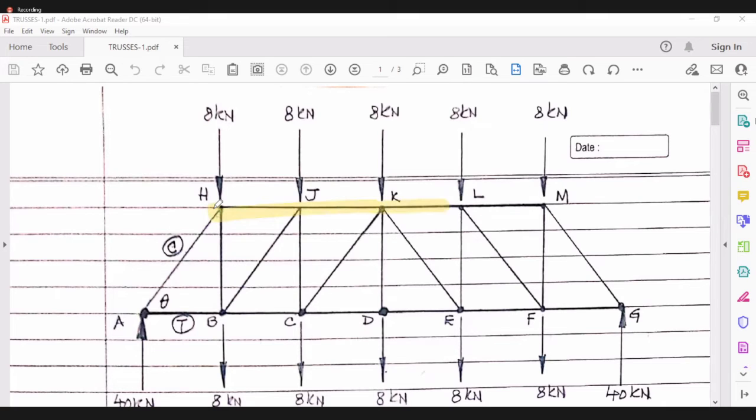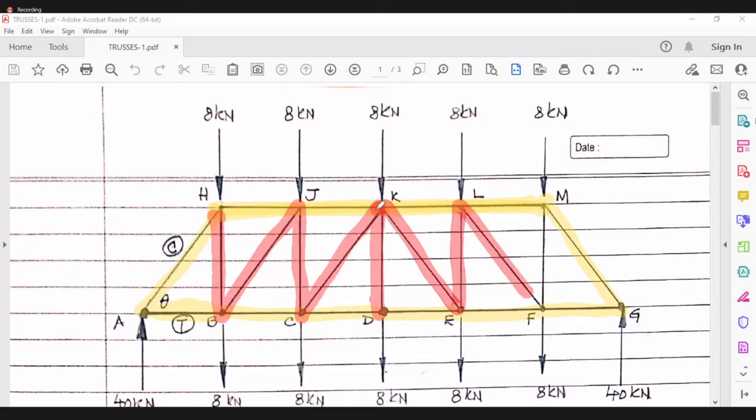Now, HJ, JK, KL, LM, MG, FG, EF, DE, CD, BC, AB, and AH. These are all external members, and these are all internal members.